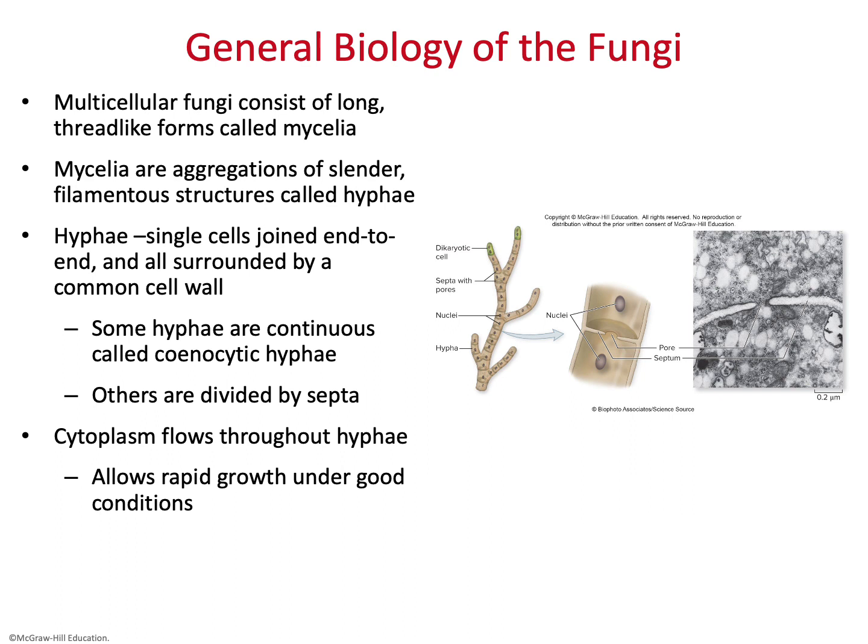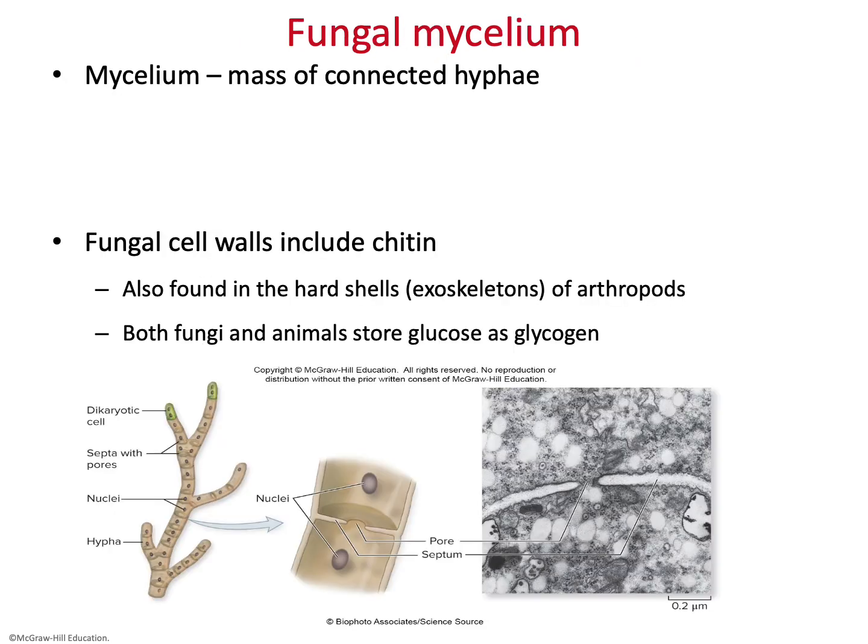This cytoplasmic streaming is an adaptation that allows fungi to grow rapidly when nutrition and moisture are abundant. In this picture you can see a fungal mycelium showing septa, hyphae, and how they look under the microscope. So now you know that the mass of connected hyphae is called mycelium.